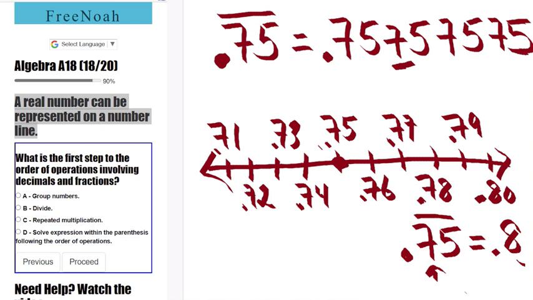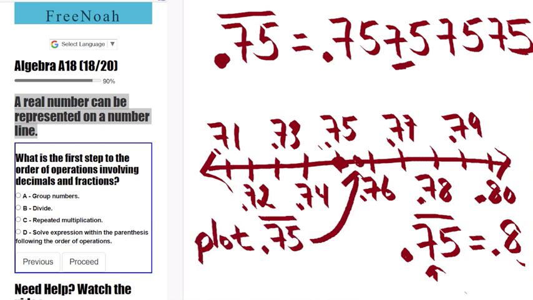So this kind of signifies that if we were to plot 0.75 as a repeated decimal, it'll be in between 0.75 and 0.76.